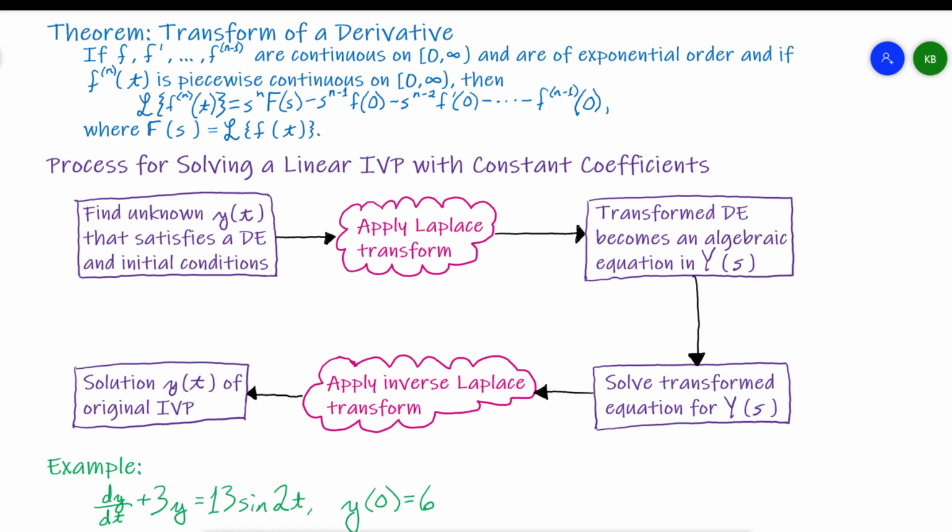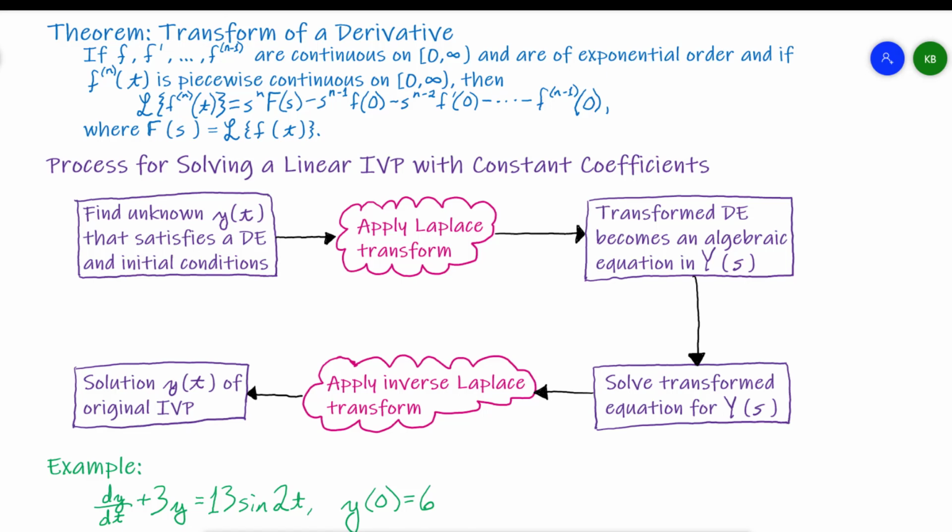So we're going to take our transformed differential equation, and it's going to become an algebraic equation in some capital Y of s, right? That's what the Laplace transform does, it takes lowercase y of t and makes it an equation in capital Y of s. Then we're going to solve for capital Y of s.